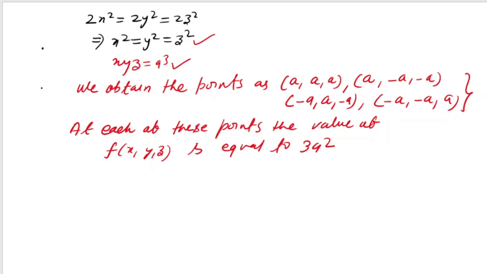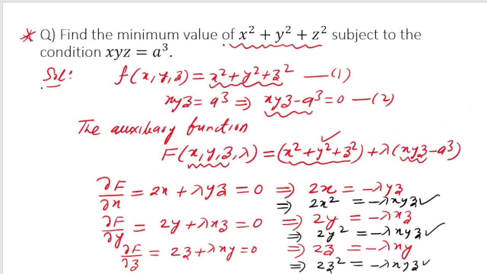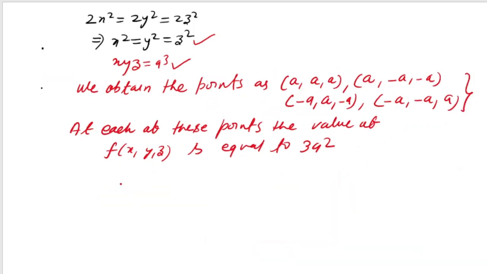But the question is, we have to show that it is the minimum value. Lagrange's multiplier method does not tell you whether this value is minimum or maximum. What it tells you is that these are the stationary points.